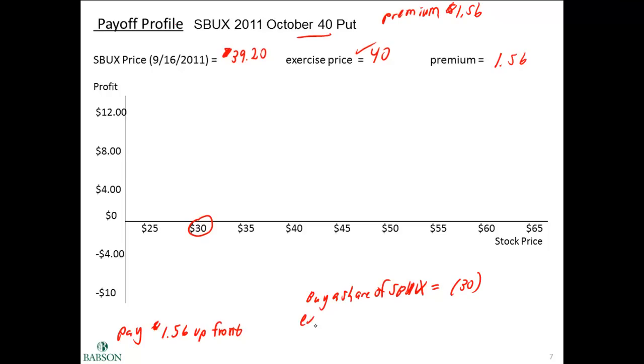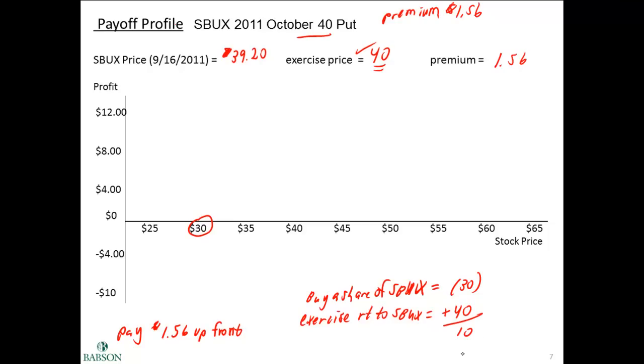You exercise your right to sell a share of Starbucks stock. That's your put option, and you have an exercise price of $40. So you turn around and you exercise your right to sell it to the counterparty, whoever sold the thing to you to begin with, and you pocket the $10.